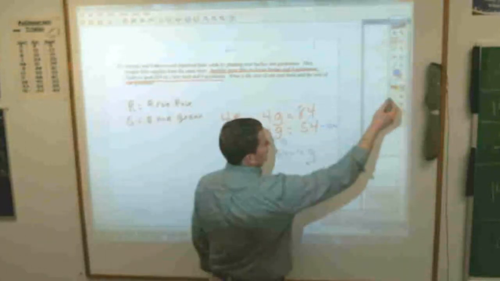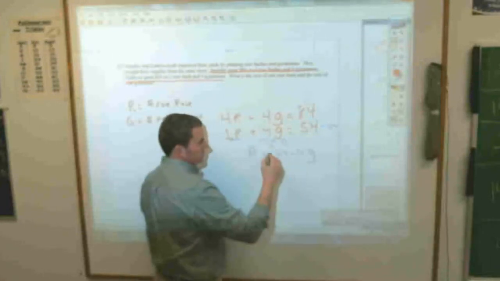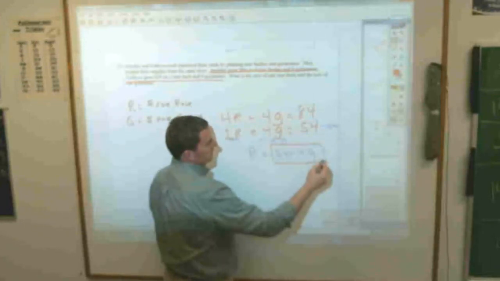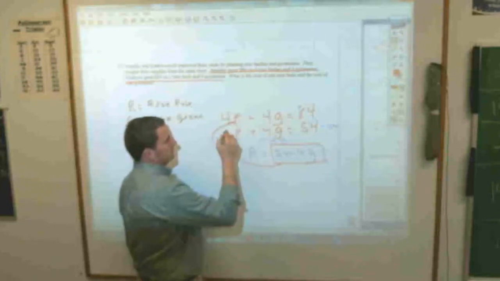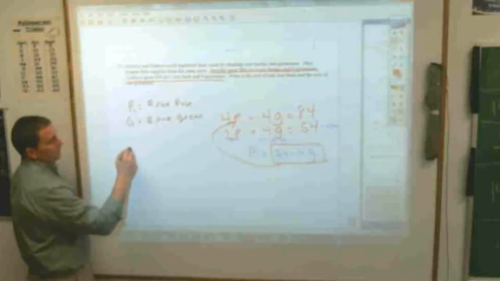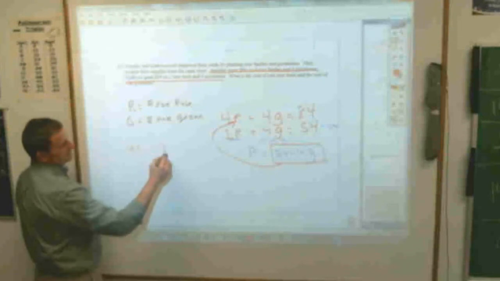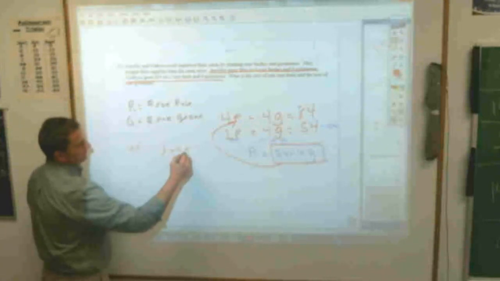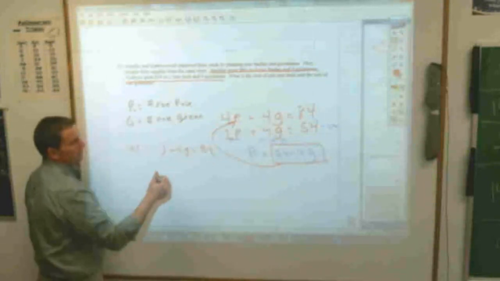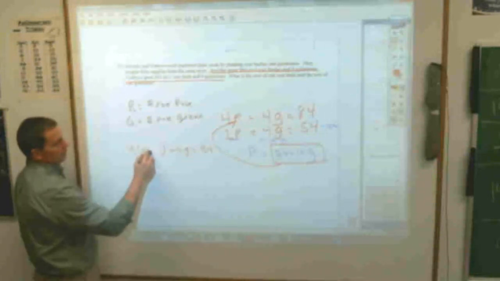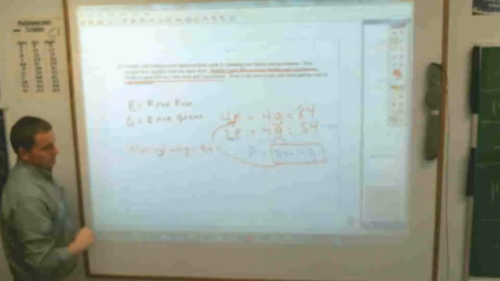Then it's just a matter of doing a lot of mathematical calculations, because you're going to plug this in for the letter R. So you write your equation: 4 times what the letter R is, plus 4g equals 84. That's 4 times (54 minus 4g), plus 4g equals 84.